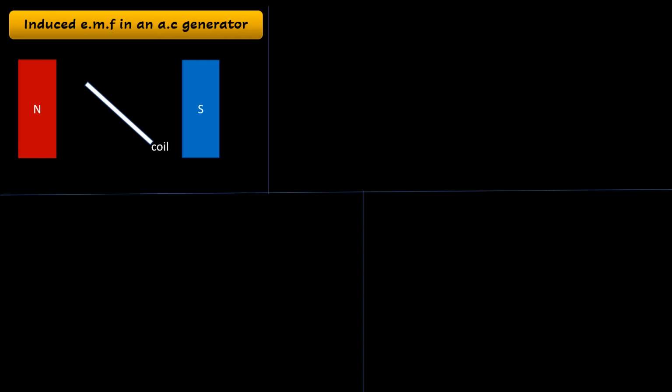In my previous video, I already taught you about Faraday's law. According to Faraday's law of electromagnetic induction, the EMF induced in this process is directly proportional to the rate of change of magnetic flux linkage, which is N d phi/dt. N here is your number of coils.